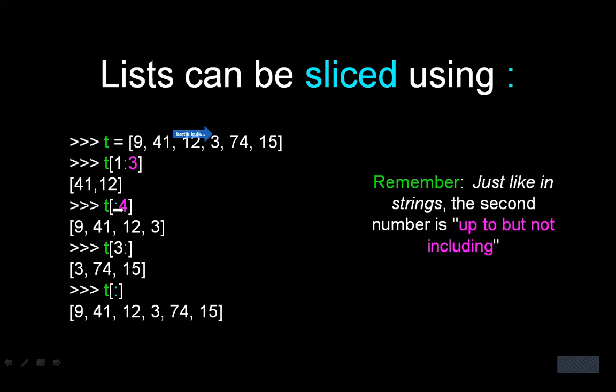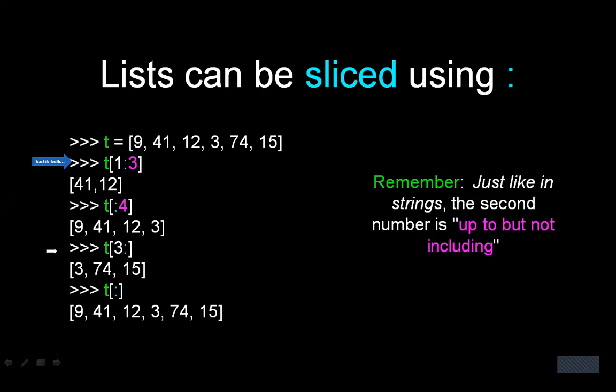Purposefully I am telling it again and again: whatever last index number you specify will not be included. Colon 4 means 0 to 3, one less than that. Here I have specified 1:3, which means index number 1 and 2 will be printed.